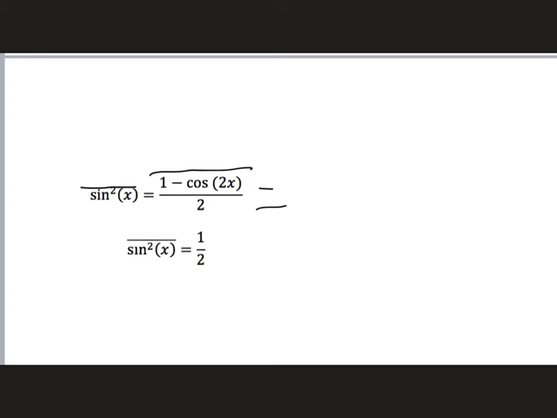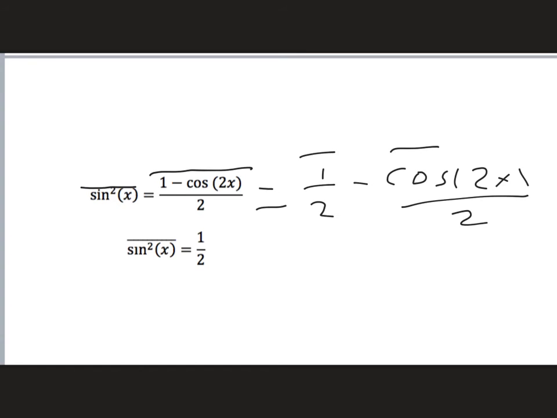But that's going to be equal to the average of 1/2 minus the average of cosine of 2x all divided by 2. And we know that the average of a cosine averages to 0. And so what we end up with is that the average of sine squared simply leaves us with 1/2. And that gives us that sine squared average is equal to 1/2.